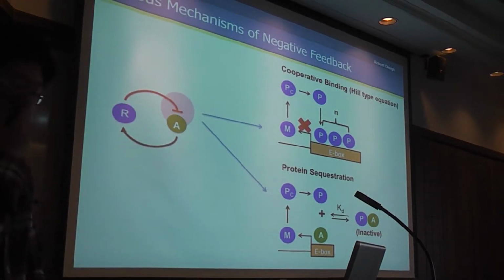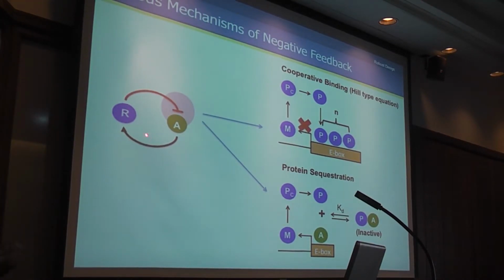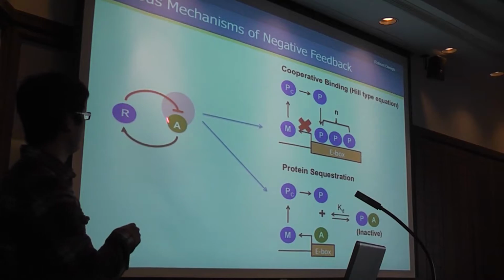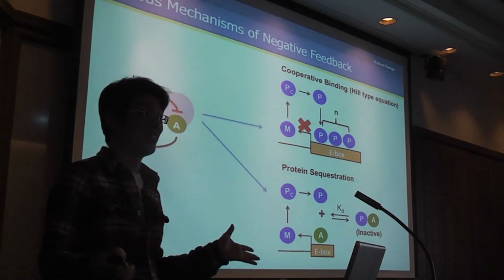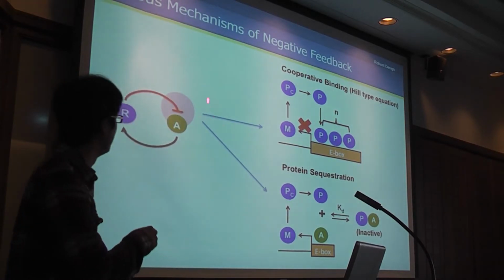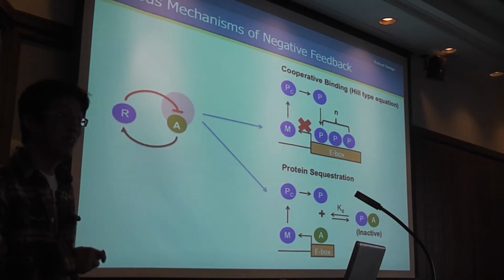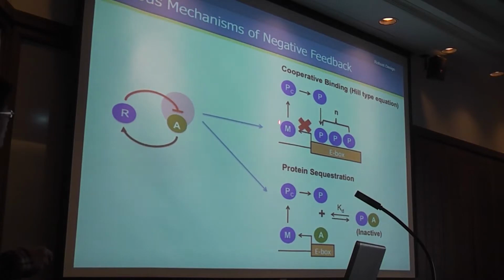So what I noticed is, although in biology or chemistry they usually write the negative feedback loop in this way, this simple negative feedback loop can have many different mechanisms of repression in biology. There are various mechanisms which can generate this negative feedback loop. One well-known one is called cooperative binding, or Hill type equations.